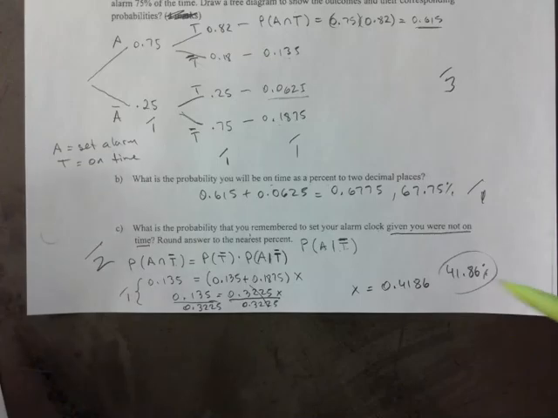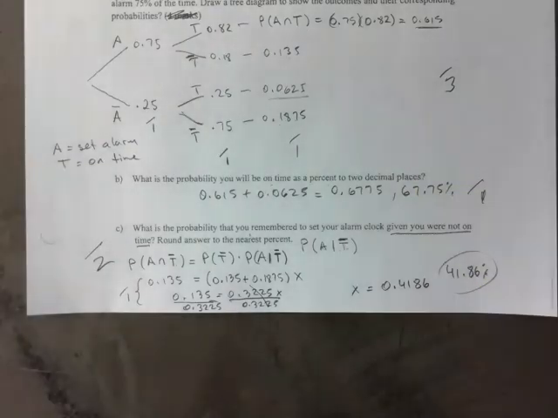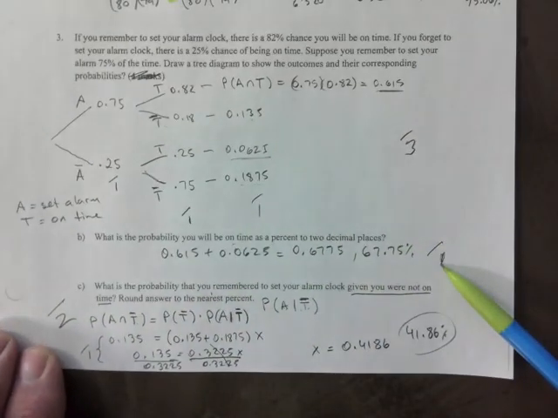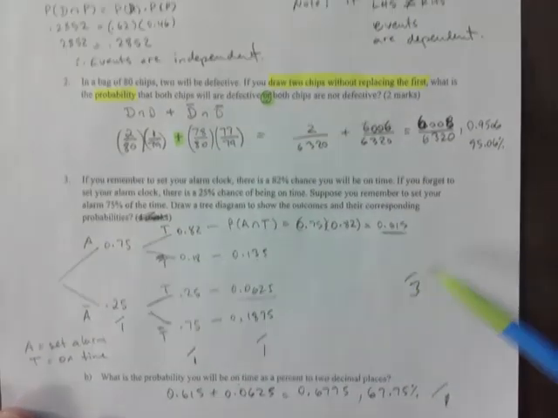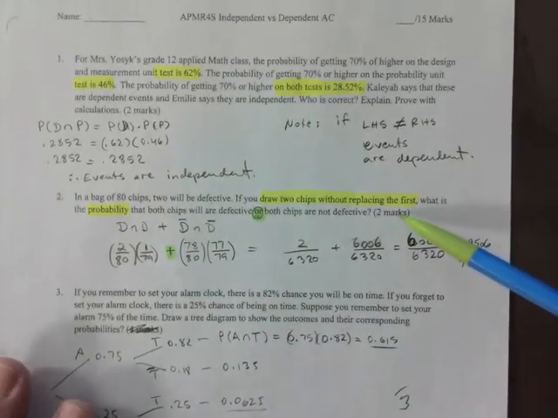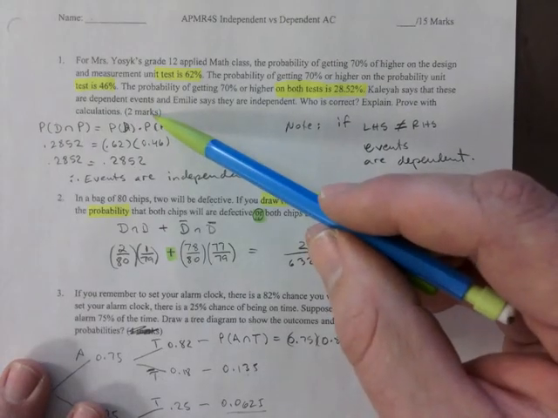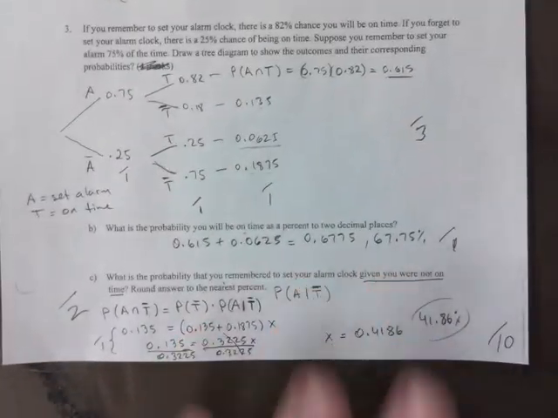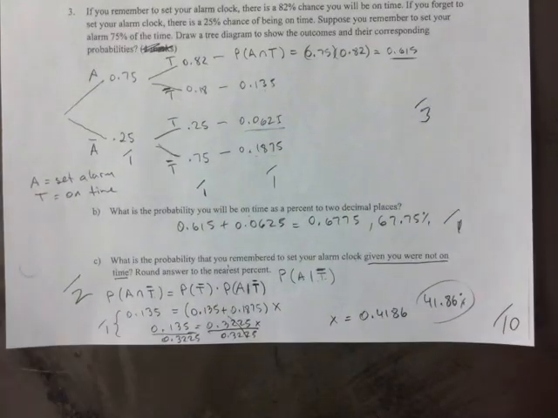Obviously this number will be different if your tree is off, but other than that, we'll keep it at that. So how much do we have on this page? 2 and 1, that's 3, and another 3, that's 6. Another 2 is 8. Another 2 is 10. So give yourselves a mark there according to what you did.